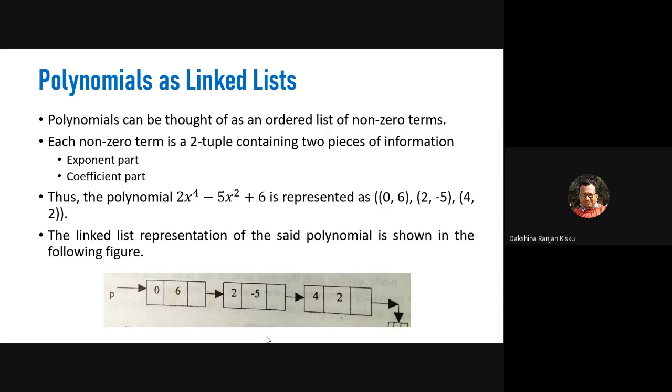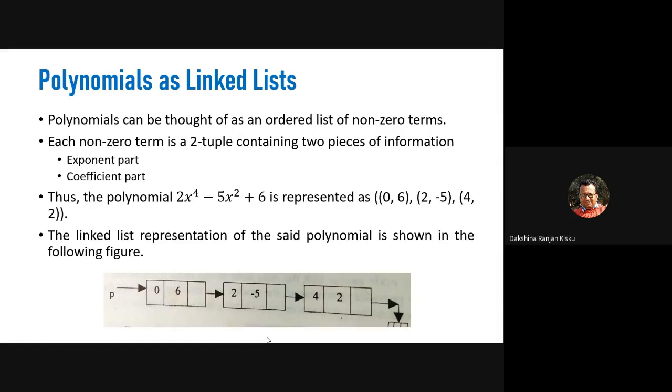Okay. That means when we write the last term first, we use two-tuple information. Two-tuple information means we will have the exponent part and the coefficient part. So when we write the first term in the representation, first we will write the exponent part. Okay.